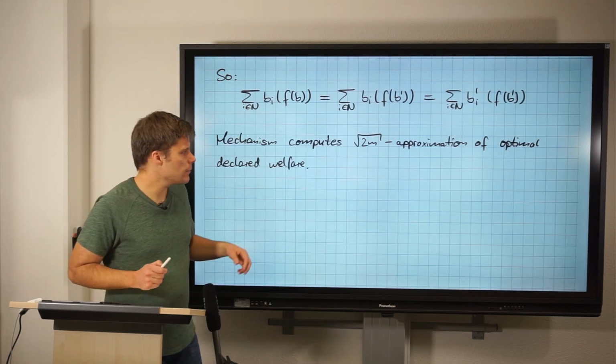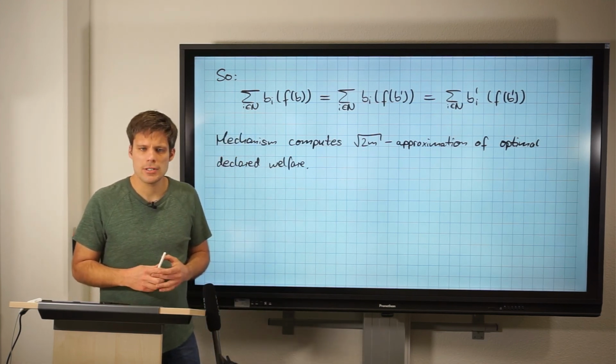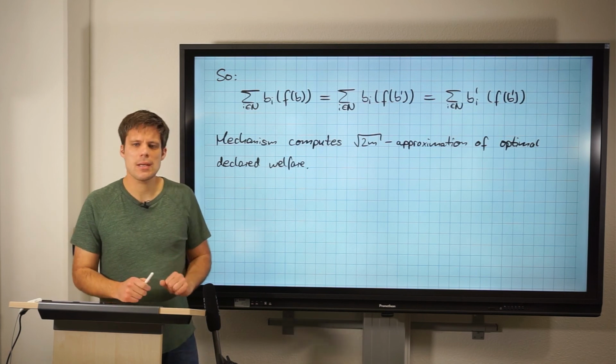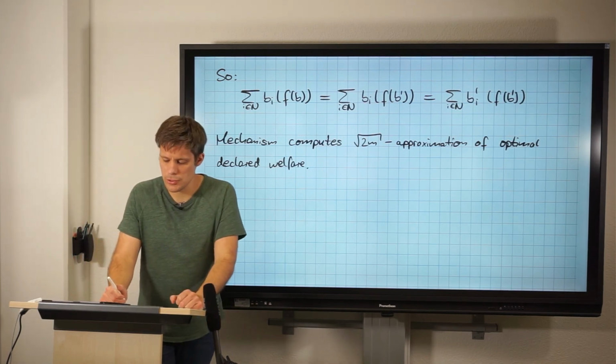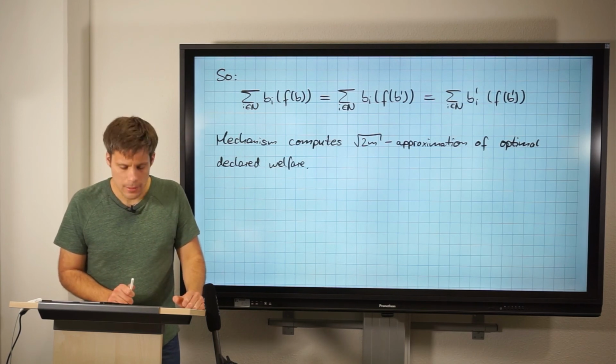There we had even a guarantee of square root m. Now, by just the same kind of techniques, you will see that you're getting a square root 2m approximation of the optimal declared welfare here. What does that mean?